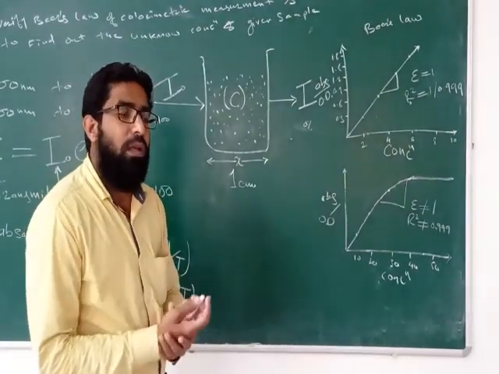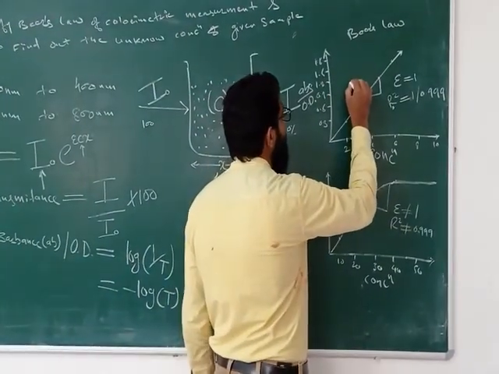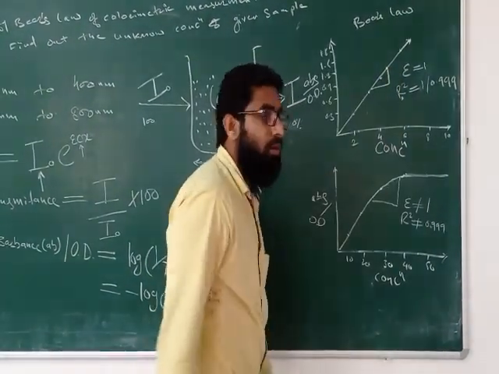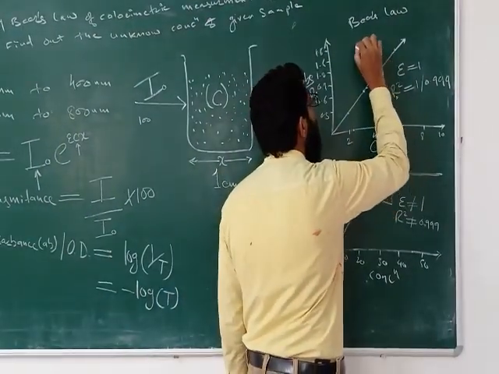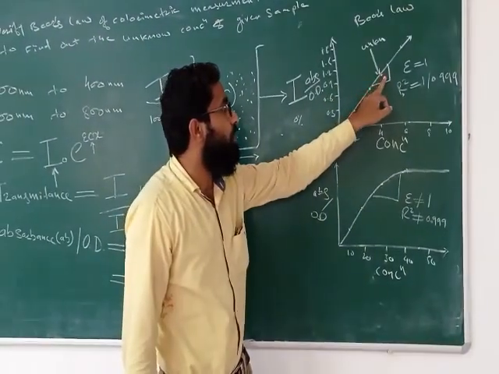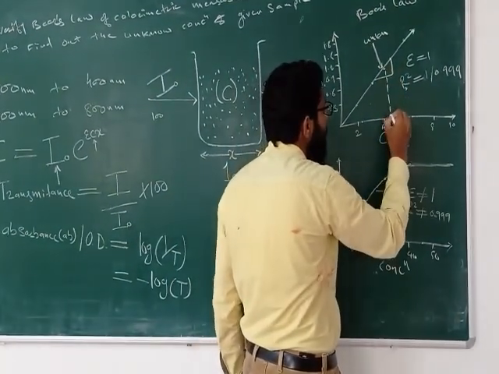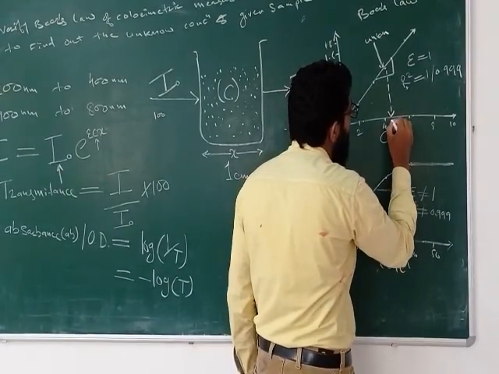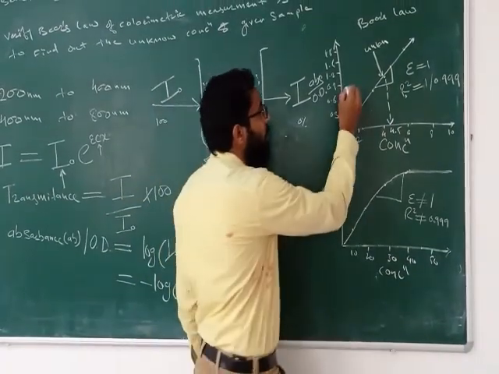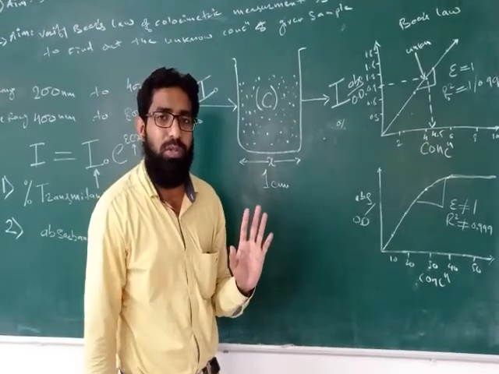Suppose the absorbance of the unknown solution was found to be 10, then extrapolate it, and this is the concentration, that is 4.5 microgram per ml, the concentration of the unknown solution.